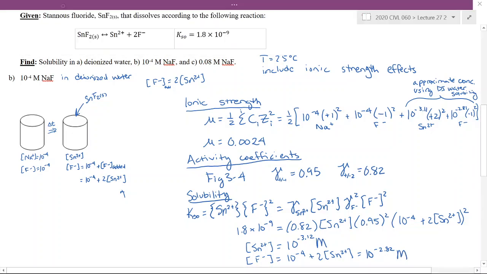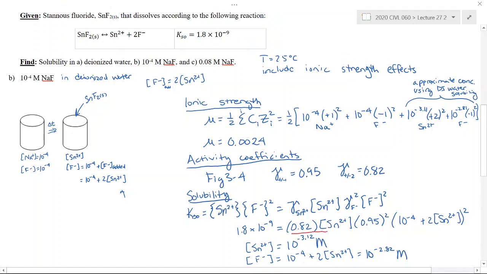And so that is my answer right here: the solubility of stannous fluoride in a solution of 10 to the minus 4 moles per liter sodium fluoride.